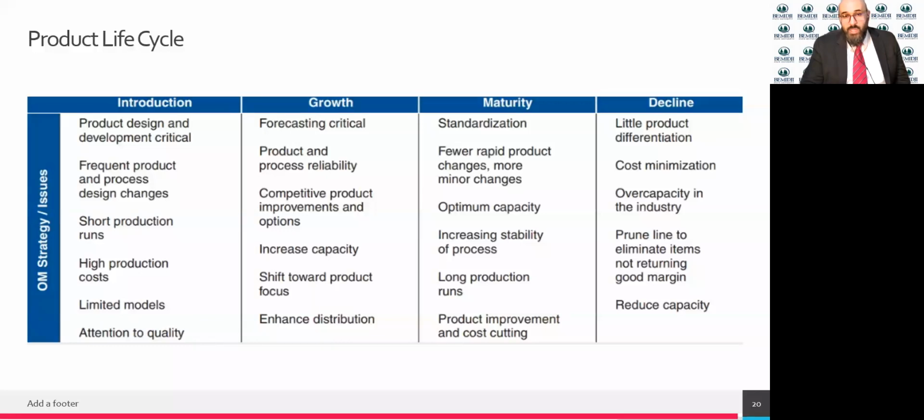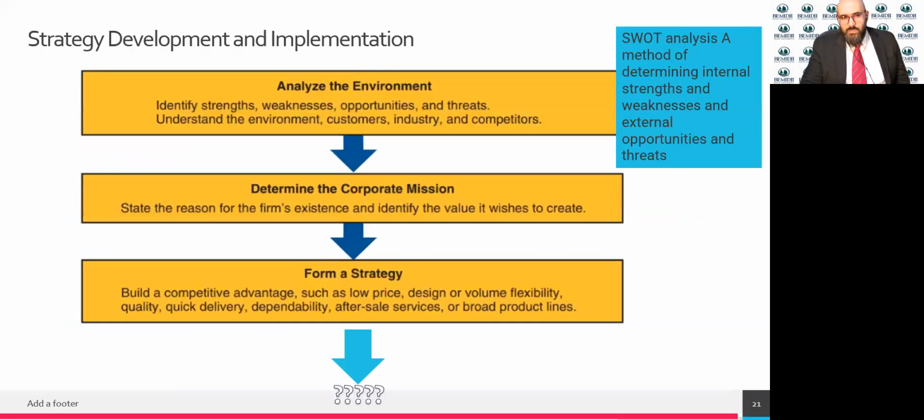So based on the product life cycle, you can create your mission, vision, and strategy for your organization to be able to run within this product life cycle. All right, let's recap all that we have learned so far. We've learned about analyzing the environment using the SWOT analysis, and then, after understanding the environment, we look into the mission and vision.